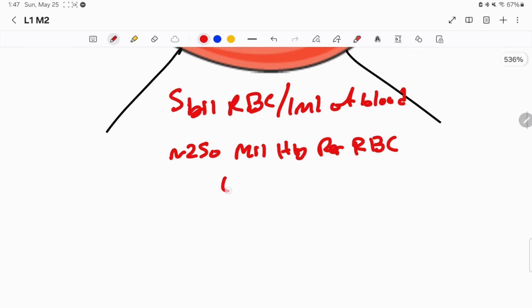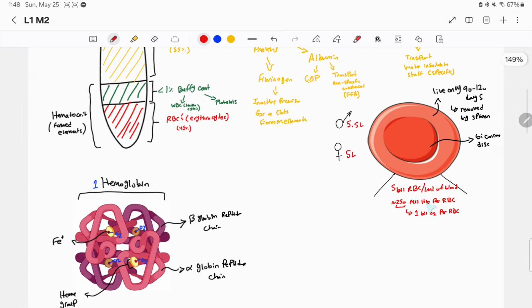That means that, you know, 250 million, and each one can carry 4 oxygens, so 1 billion molecules of O2 are being carried per red blood cell. Like each red blood cell is carrying 1 billion oxygen molecules. That's insane. That's so much.